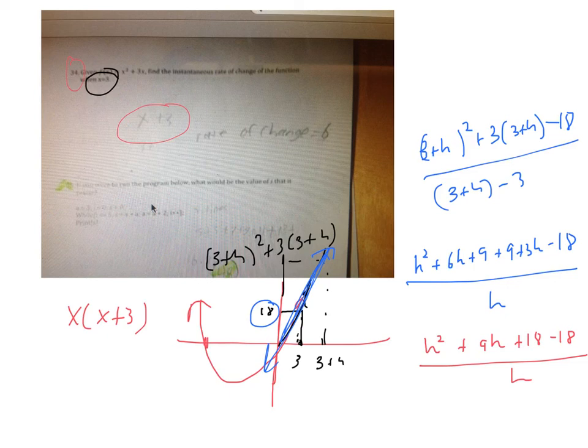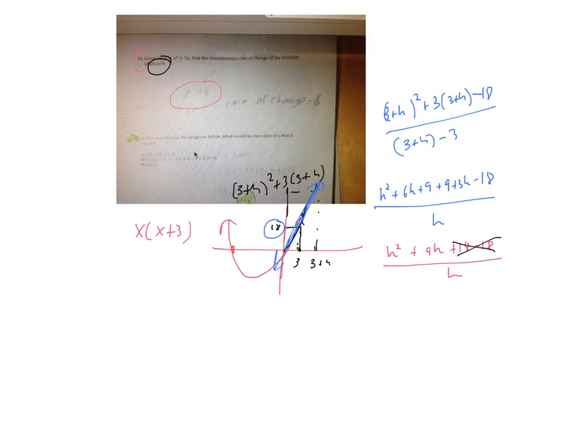And now we see that the 18 and the minus 18 cancel. And if we simplify, we get that this equals h times (h plus 9) over h, which equals h plus 9.